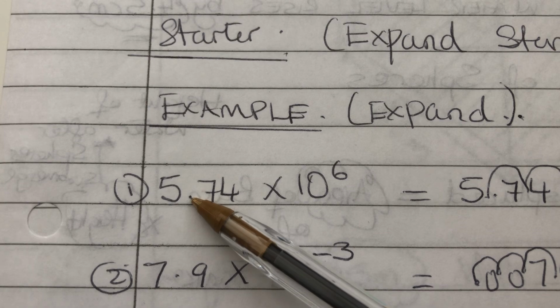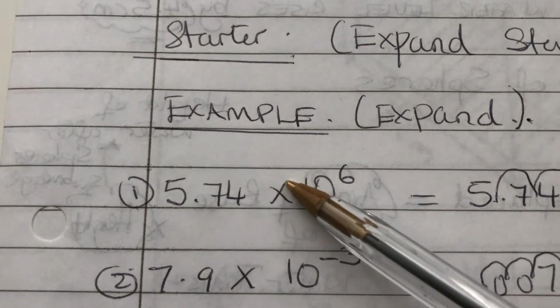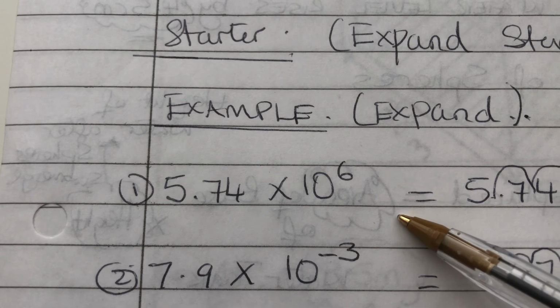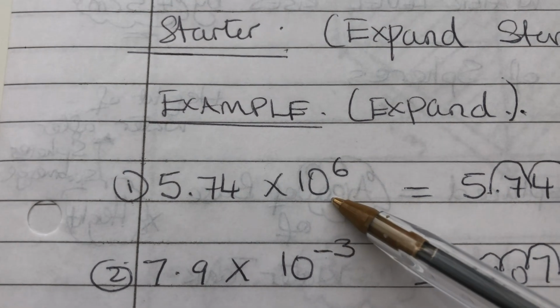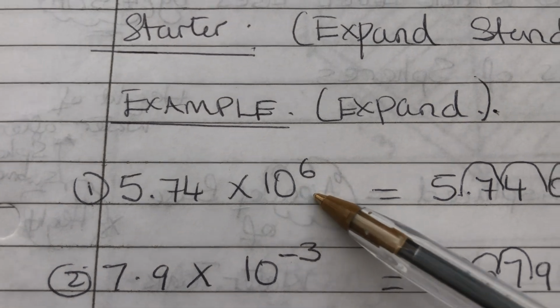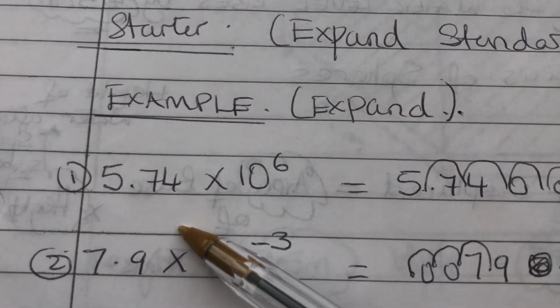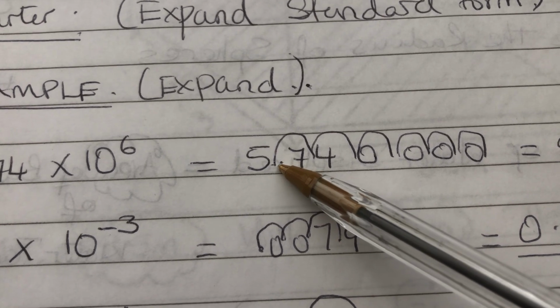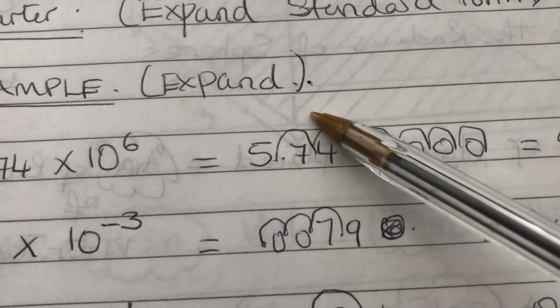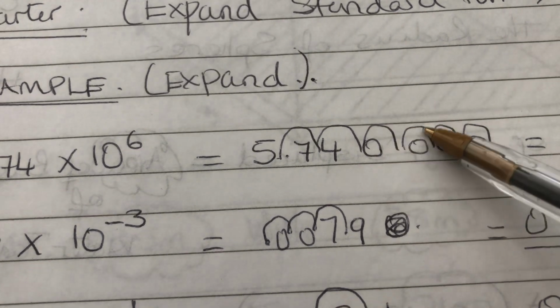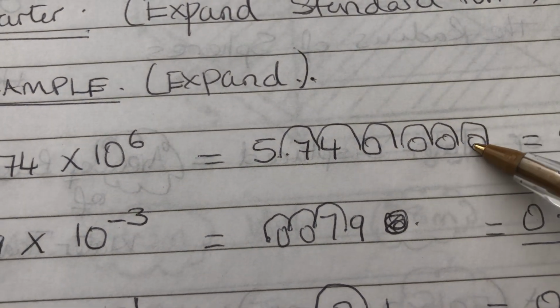Now, as this is in standard form and I want to expand 5.74 times 10 to the power 6, I have to move the decimal 6 times forward, and the empty spaces I'll put zeros. The decimal point is after the 5, so 1, 2, 3, 4, 5, 6.